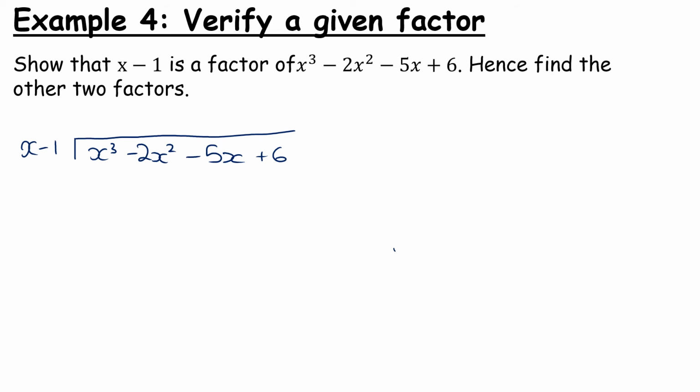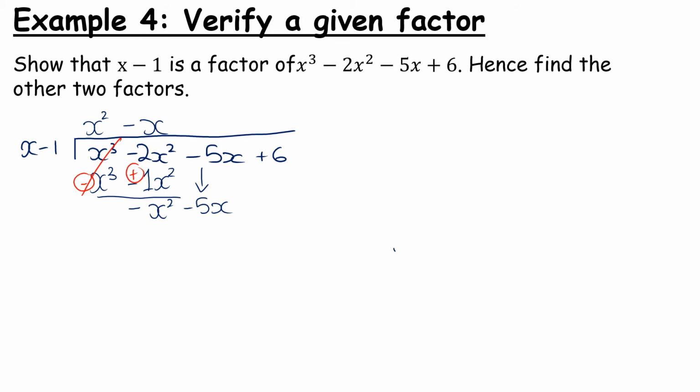So x divides into x cubed x squared times, so we're left with x cubed minus 1x squared, and then I change my sign, so I do my subtraction, so we cancel here, so this is minus x squared, and we bring down minus 5x. So now my division, x divides into minus x squared minus x times.